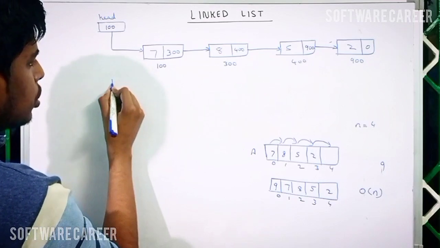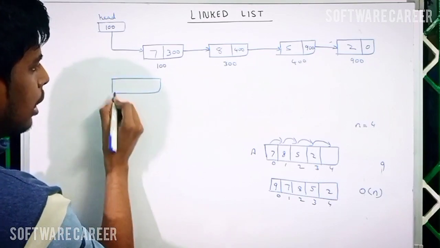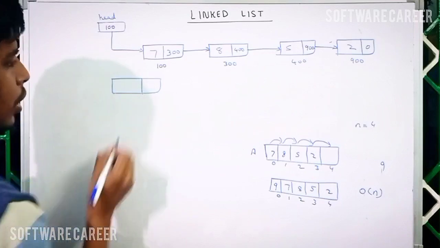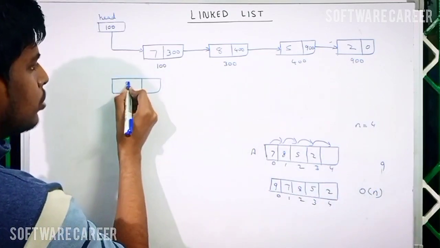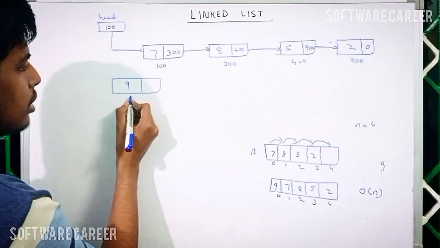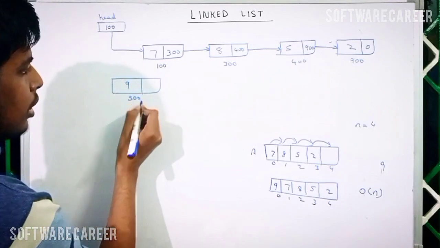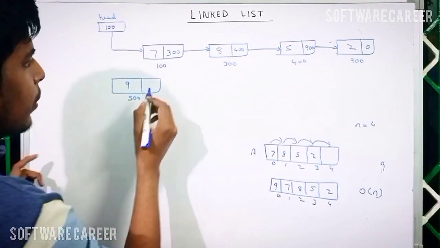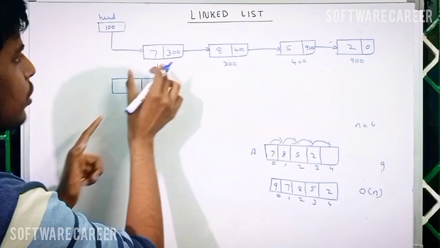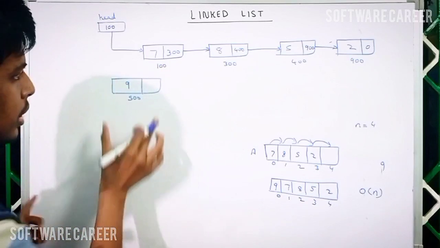What you should do is create a new node. I am creating a new node. Now I should store the data part. Suppose I want to insert 9, so I am storing 9. Suppose the address of this node is 500. Now, this should be the first node.